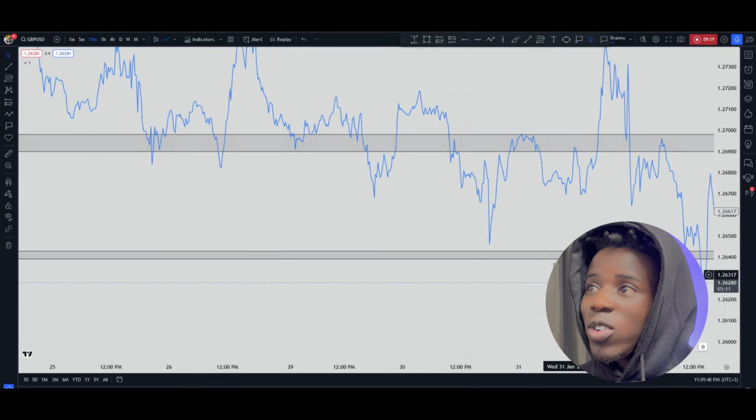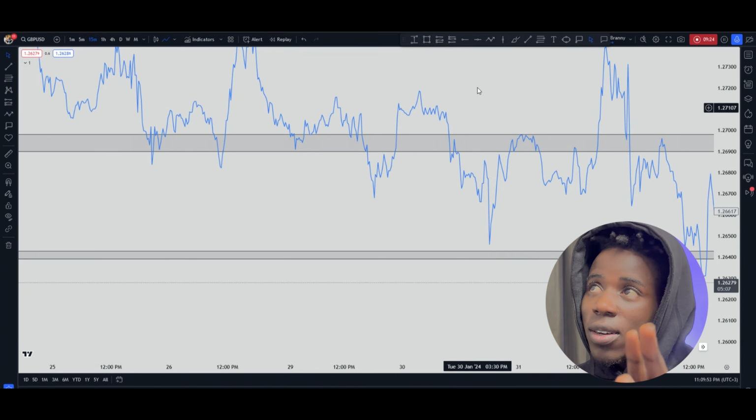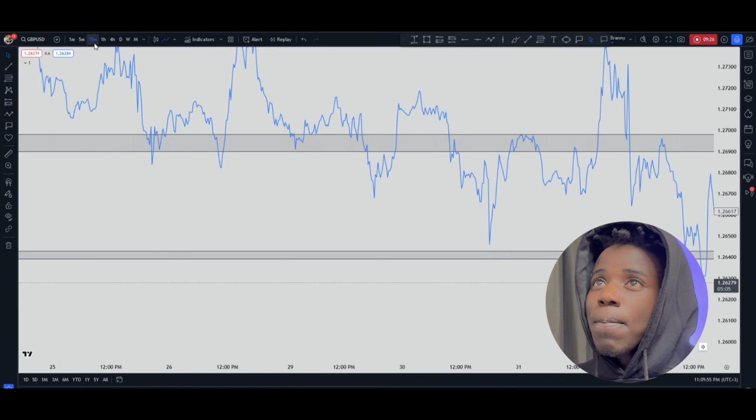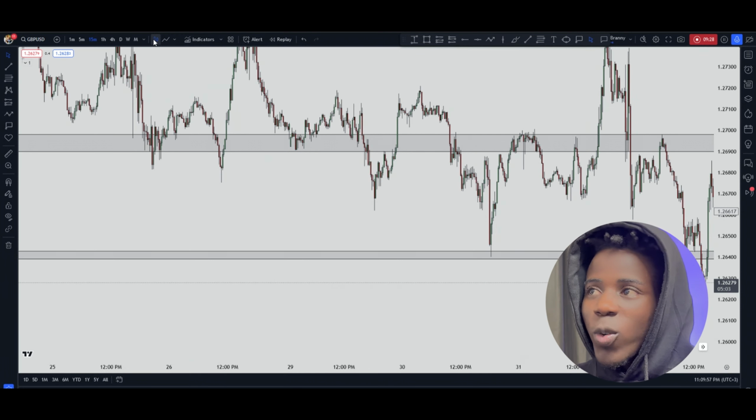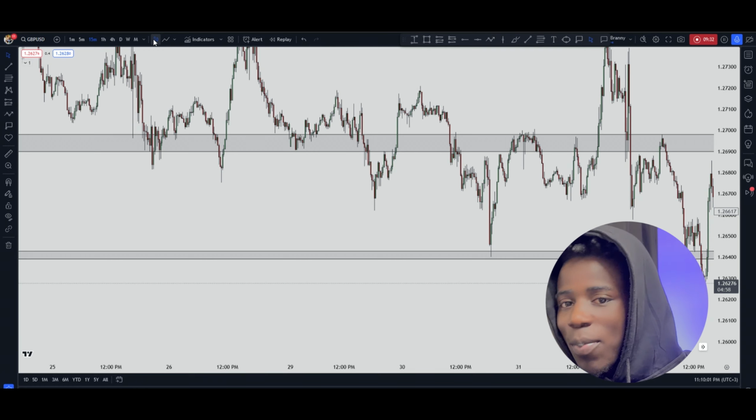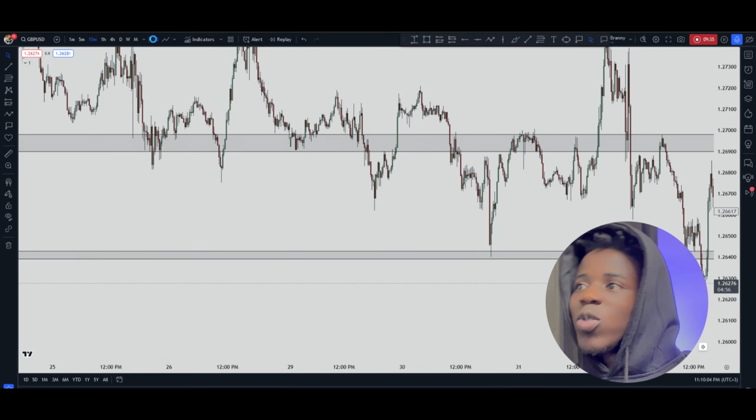Like if you can see, don't see this one as something which didn't respect the level, but if you go to the lower time frame, you can see. If you have been waiting for a buy at this level, this would have been a sniper entry, a very nice one, because you're waiting for something.